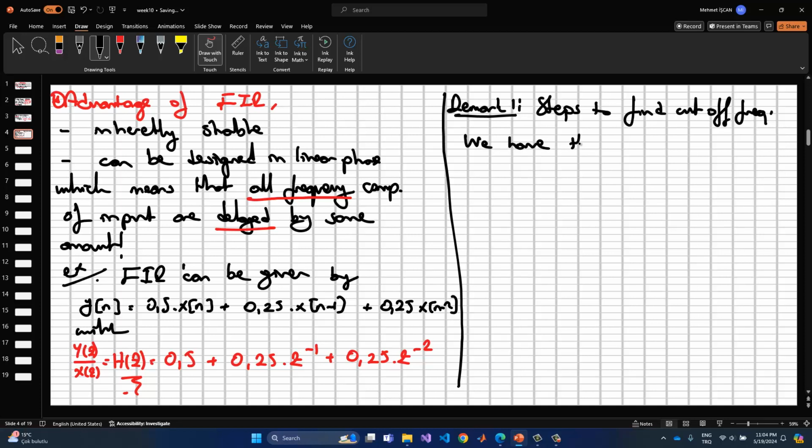Let z equal e to the power of j w, where w equals 2 pi f divided by fs, and fs is the sampling rate.